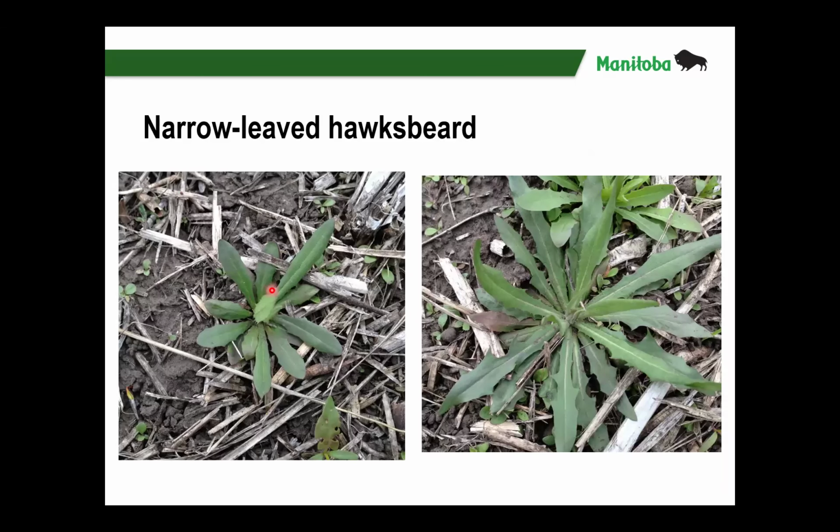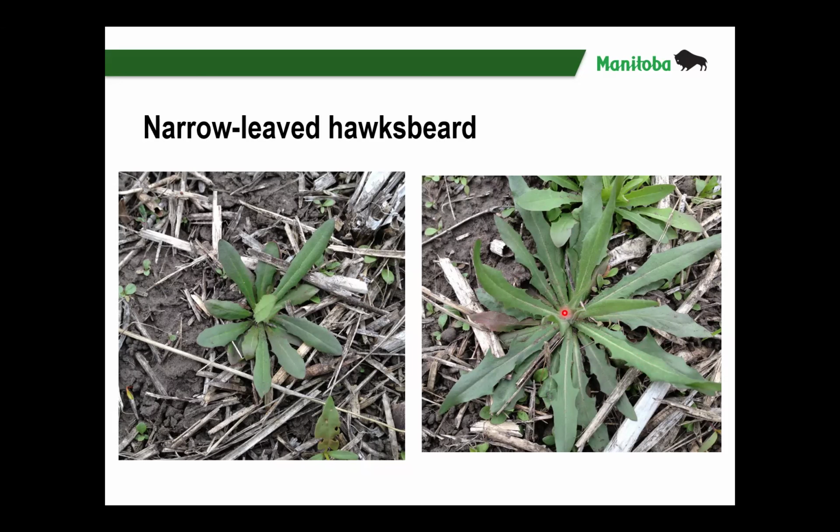Narrow-leaf hawksbeard, this is a tougher one. It can get confused with things like any of the sow thistles or dandelions. Well, I find with narrow-leaf hawksbeard, I find these leaves here in the center, it's hard to see from this angle of the photo, but they tend to grow straight up, whereas the thistles and the dandelions don't do that. You'll get some deep lobes in these leaves, and it'll be a rosette like this.